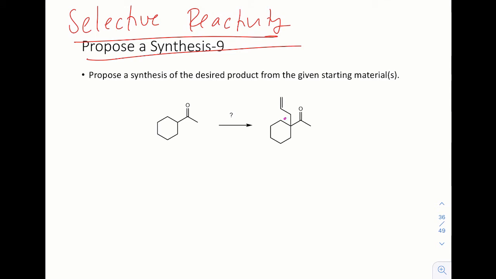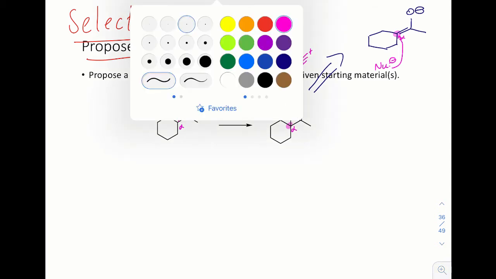For this problem, we identify this key bond that was made from the starting material to the product. We notice that one of the atoms making the bond is an alpha carbon. And so that suggests that this species acted as a nucleophile from that alpha carbon, which means that the other carbon involved in that key bond forming step must have been electrophilic.